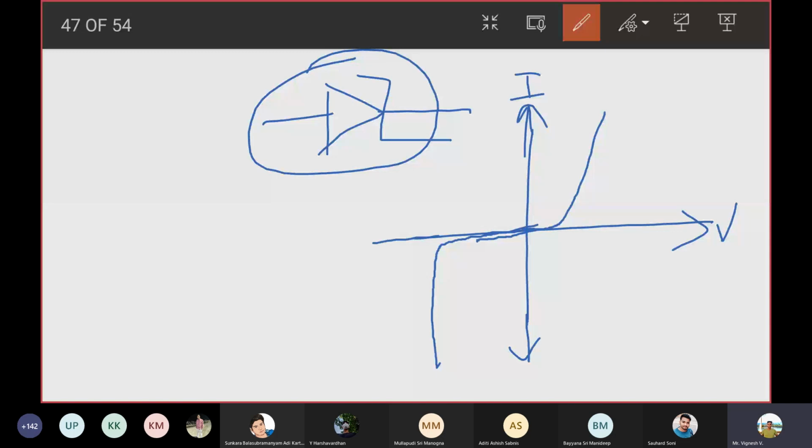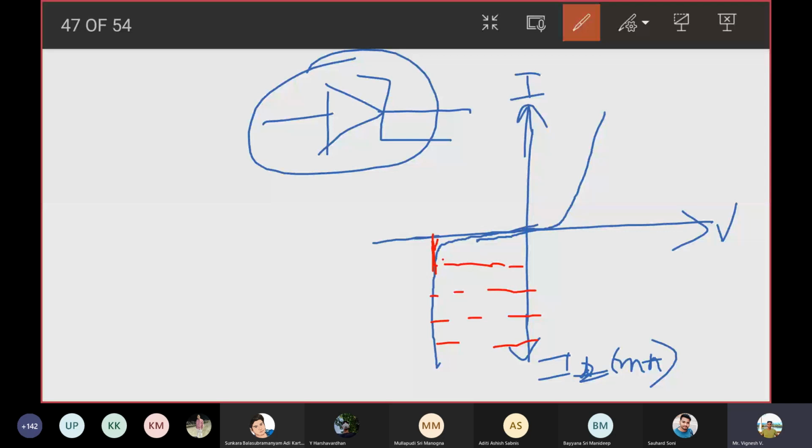irrespective of the change in current in the negative direction. Anyways, I'll explain it in a much better way in the next class. But for people who already know, see, in the negative direction, your current keeps on increasing from this point to this point to this point. But has the voltage changed? Voltage is almost the same, no?